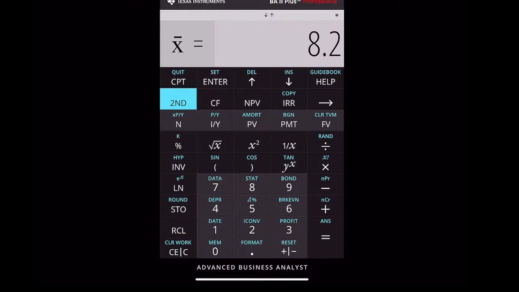Then it tells me the mean of X, 8.2, and it tells me this standard deviation, 5.31. But it also tells me this, 4.75. So which one do I use? Is it this standard deviation or is it this standard deviation?